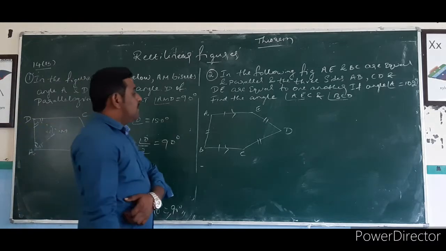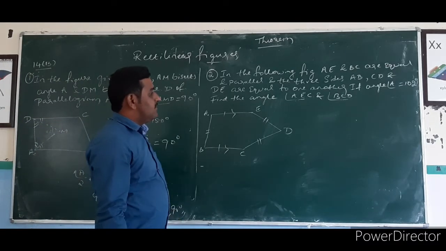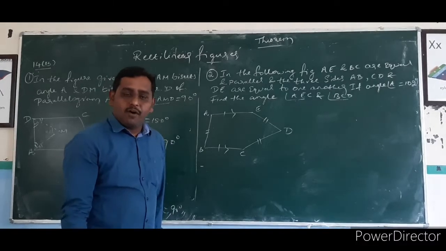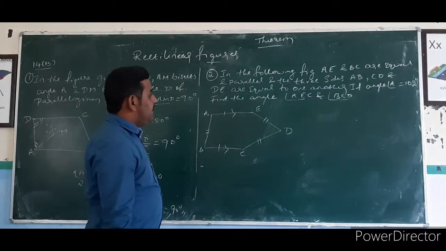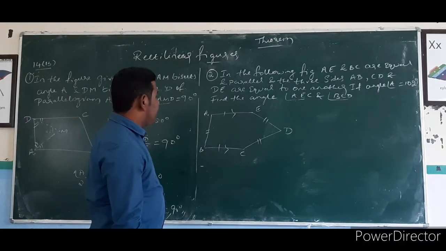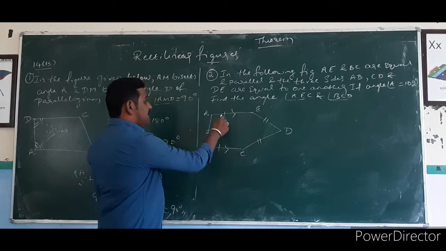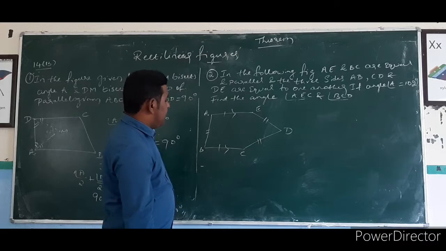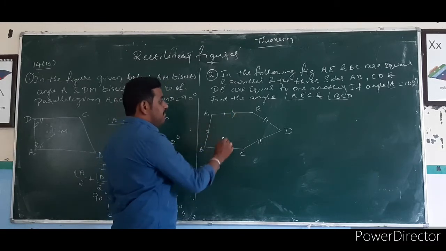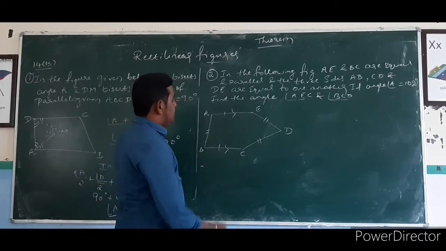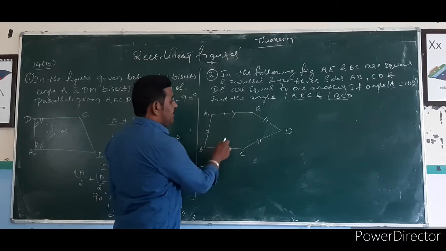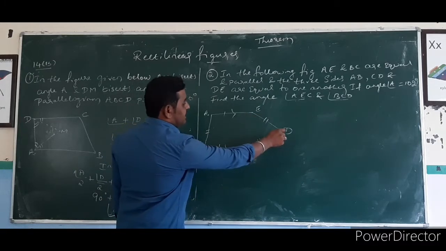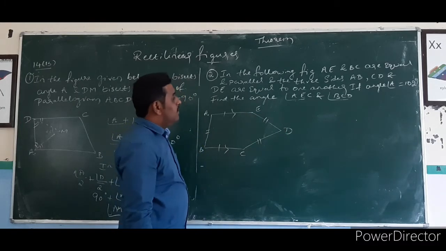Next problem. In the following figure, AE and BC are equal and parallel. Three sides AB, DE, and CD are equal.